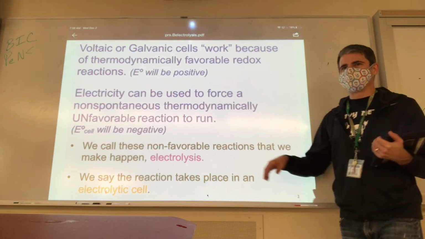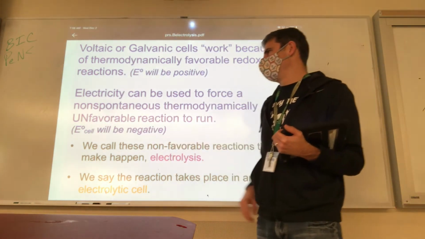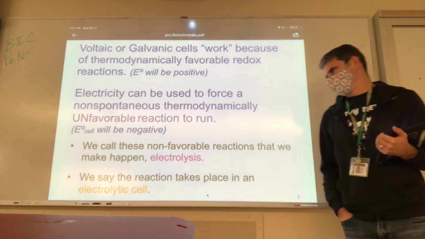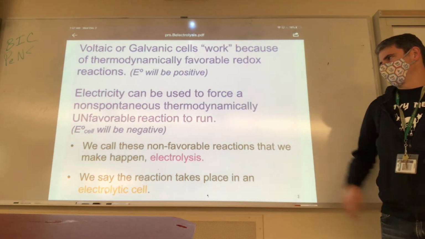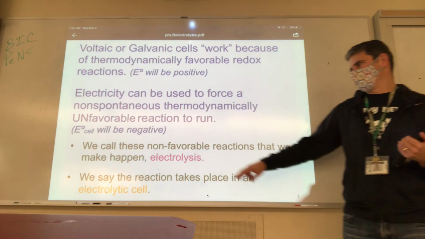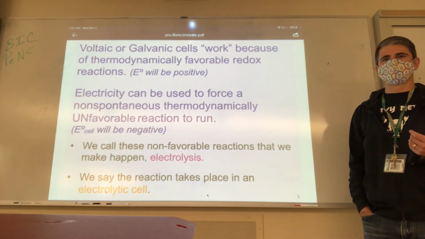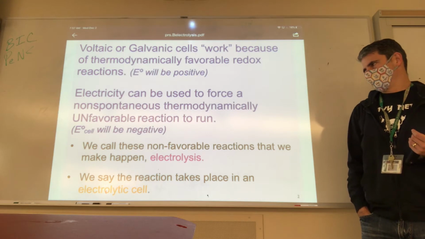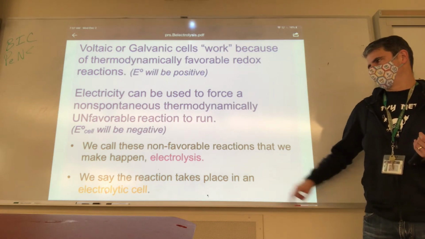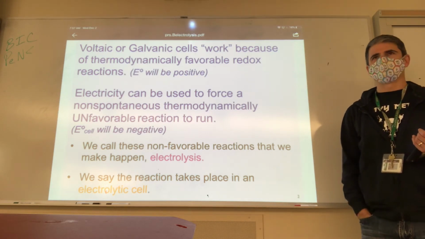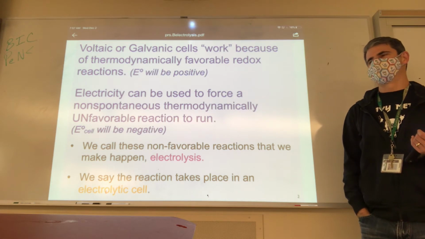And in that case, the E naught is going to have a negative value. We call them non-favorable reactions, and they are referred to as electrolysis. And when we're referring to that type of cell, those are electrolytic cells.